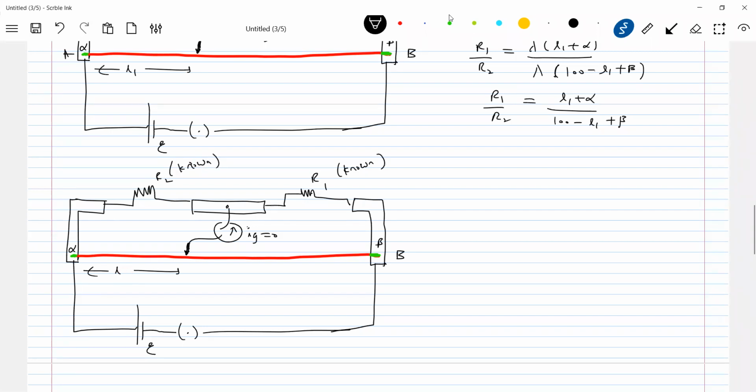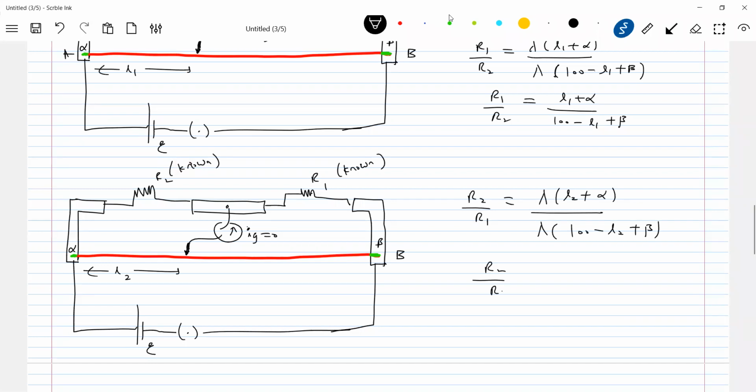I'll measure the balancing length, let it be L2. Again, I'll make the current through the galvanometer 0. Then in this case, what can you write? R2 by R1 is equal to lambda into L2 plus alpha by lambda into 100 minus L2 plus beta.